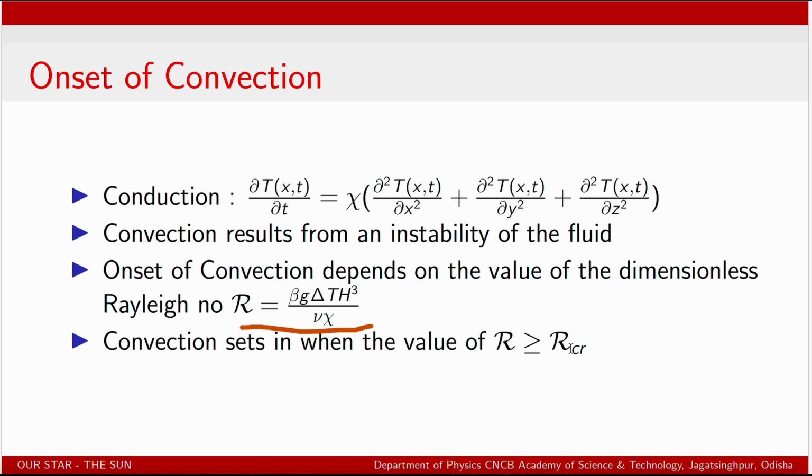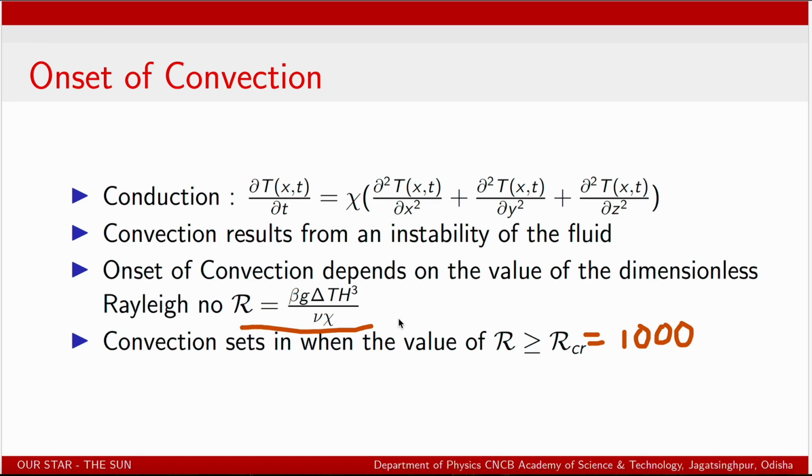For liquid on the surface of the earth, the critical value, I don't remember the exact number, but it will be somewhere around 1000. A little more than 1000, maybe 1200 or so. So if the Rayleigh number is less than 1000, then you can be assured that only conduction is taking place. But if the Rayleigh number exceeds 1000, then both conduction and convection are there.